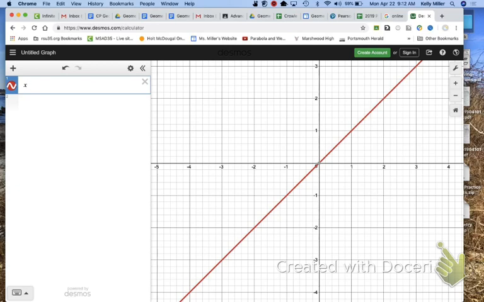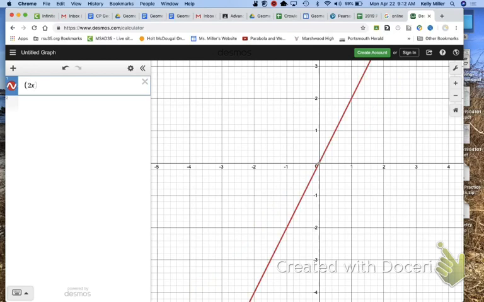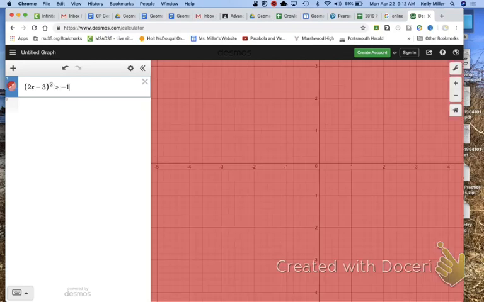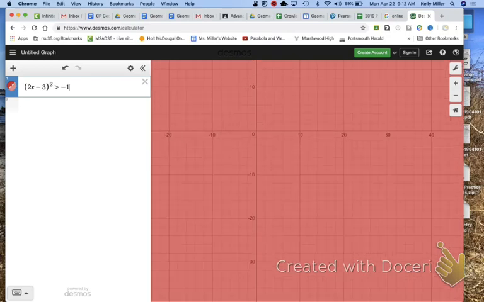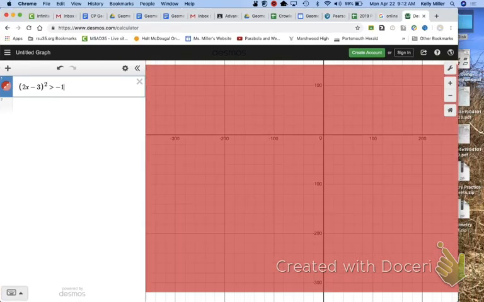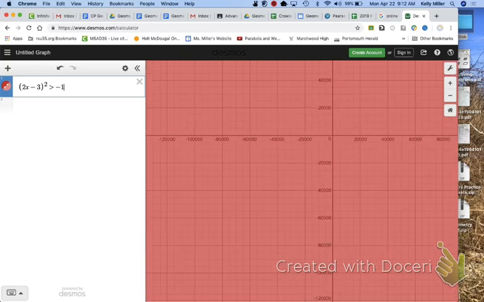Actually, let me type it in while I have it up there. 2x minus 3 squared. All right, so right now, is that what it was? Greater than? Yeah. So right now, look at my graph. What's happening?